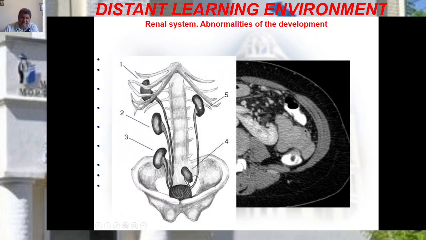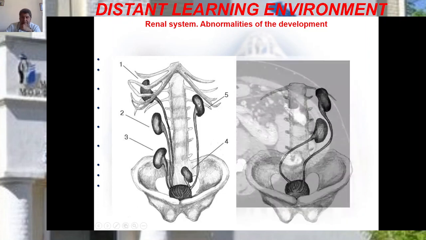And also you may see transposition kidney, also pelvic kidney, normal kidney, nephroptosis, and upper kidney. All these abnormalities are a transposition of kidney from normal localization, such as this one.